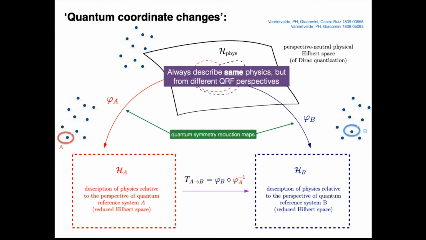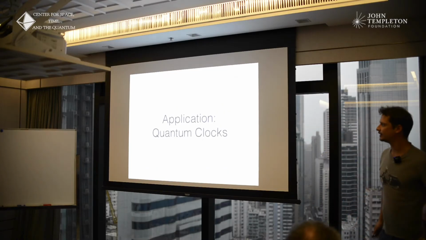It's the same states, you just write them in different factorizations. And of course, different factorizations give you a different notion of entanglement. So using this perspective-neutral approach, you get a very natural explication of why that happens.